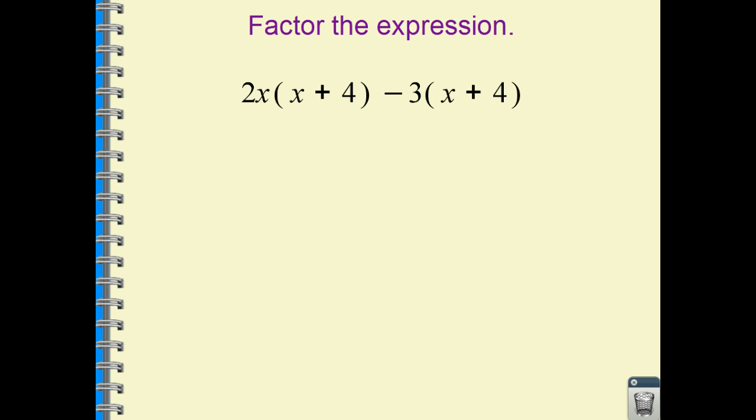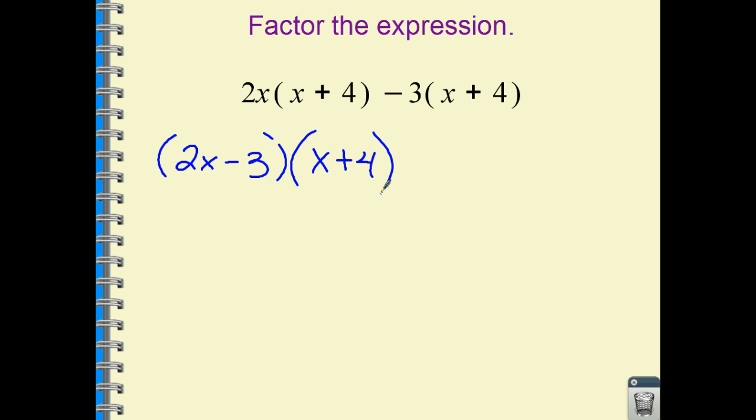I guess if I were to write out the way that we've seen it before, it was that FOIL method or multiplying two binomials. And this is the way that you have seen it.